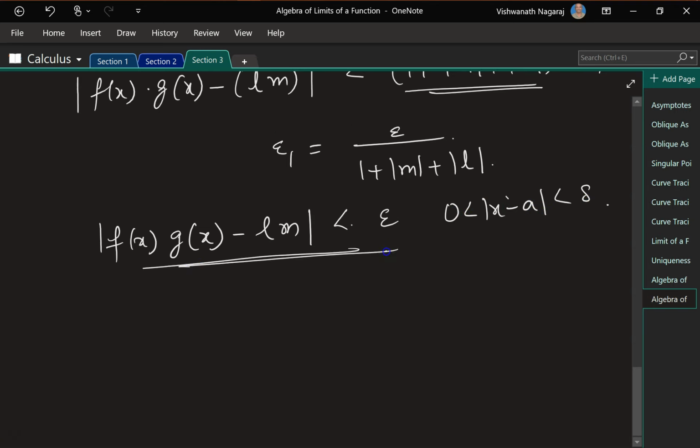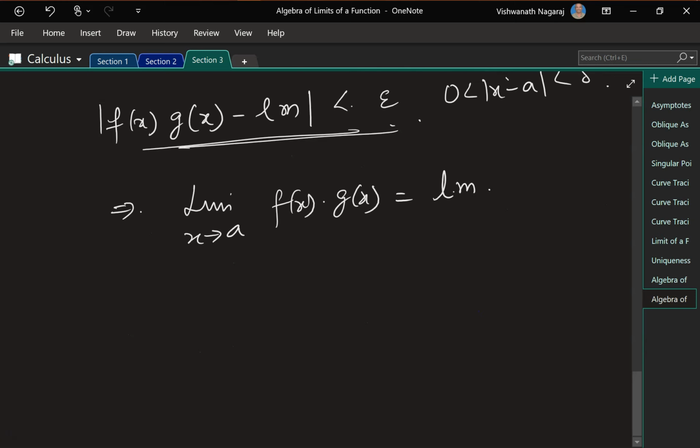So what does this statement imply? This implies limit as x approaches a of f(x)g(x) is equal to Lm. Okay, so that is multiplication.